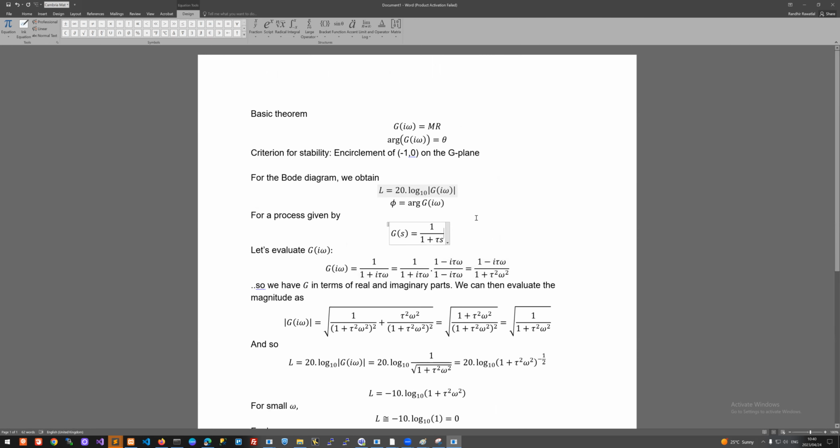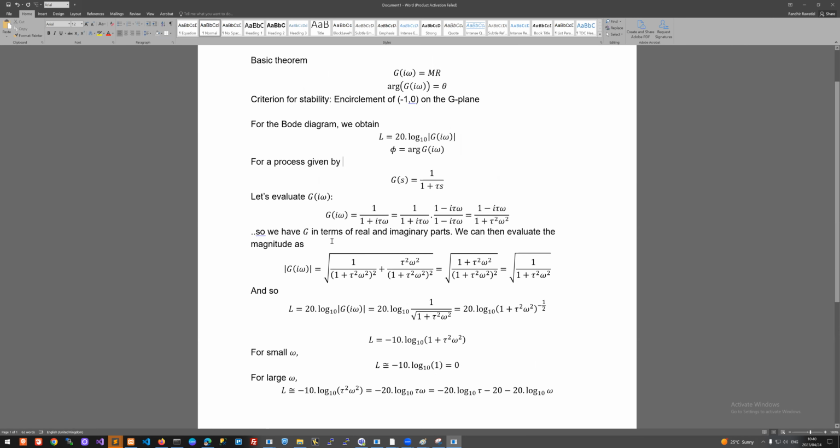So if we have this transfer function, then when we apply iω for s, it looks like this. And if we multiply by the complex conjugate in the numerator and denominator, then we get rid of the imaginary part in the denominator, leaving us with this.